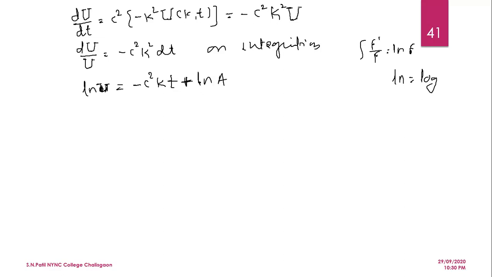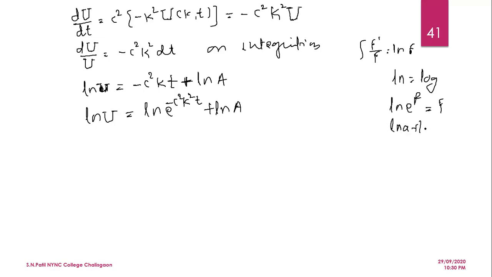Now write the third term in terms of a logarithmic function, then it can be written as ln U is equal to ln e to the power minus c square k square t, since ln of an exponential function is the function, plus ln a. We know the property log of a plus log of b is log of a into b.